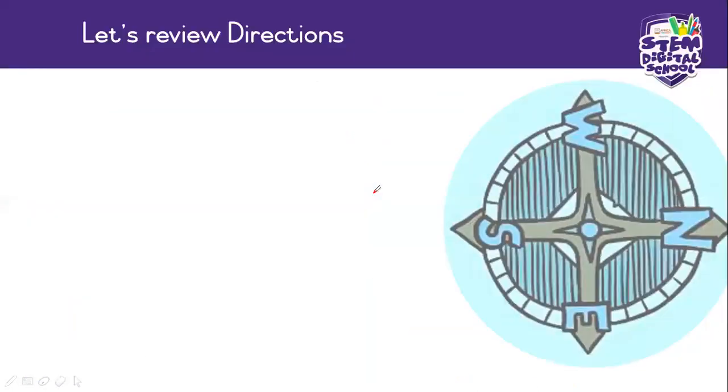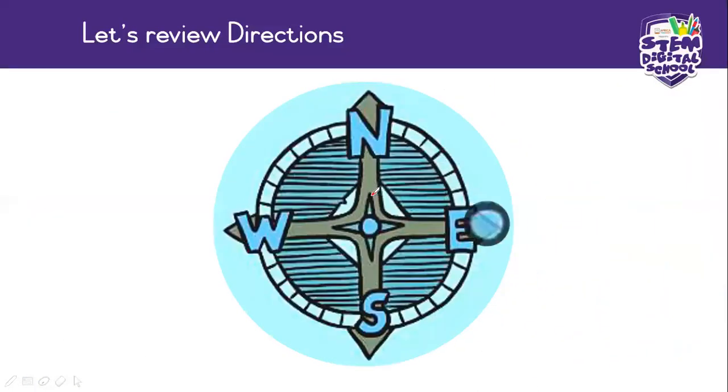Okay, let's quickly review our directions as usual. And you guys can say it faster than I can. When the purple arrow comes up, remember to say your direction. You can say move north, move south, move wherever. And then remember the in-between directions. We will always start them with either north or south.